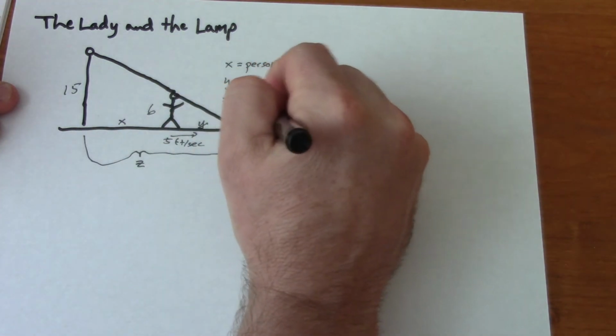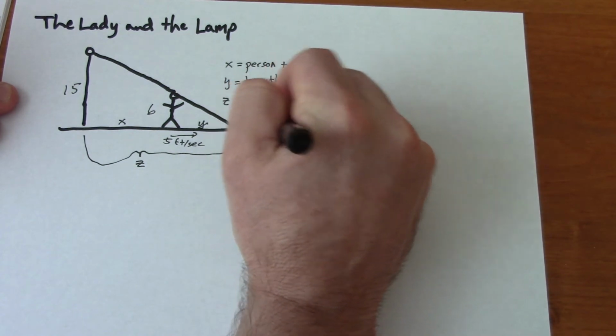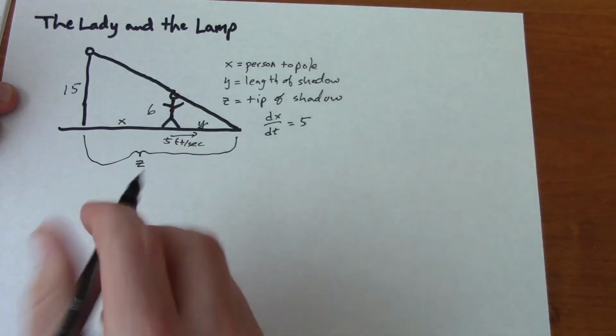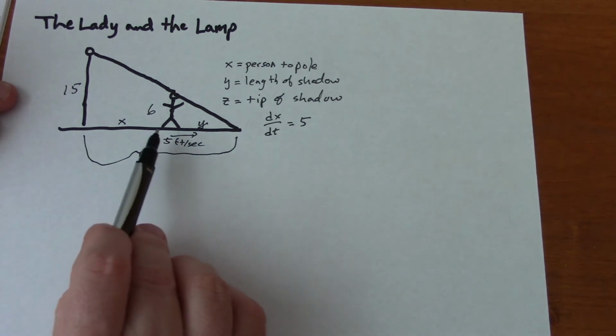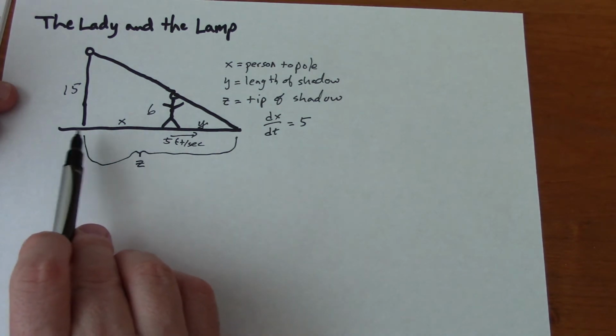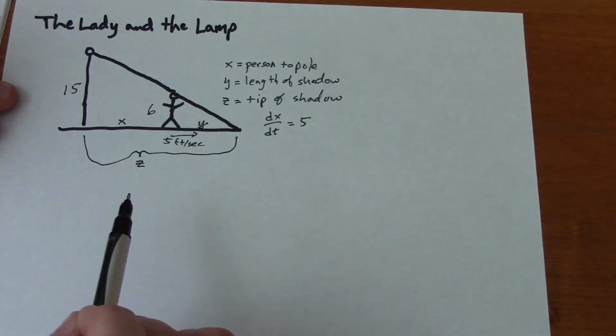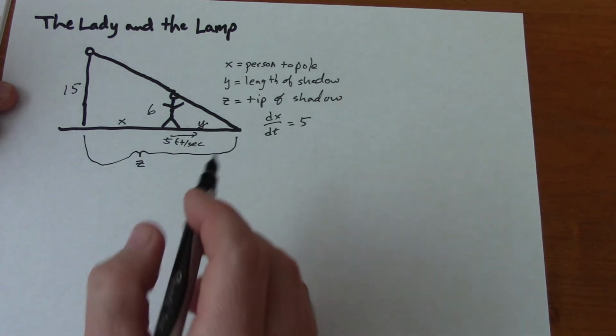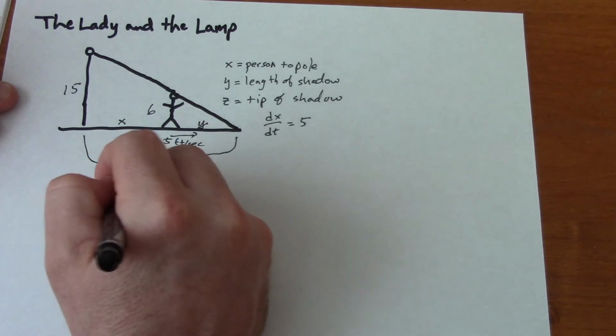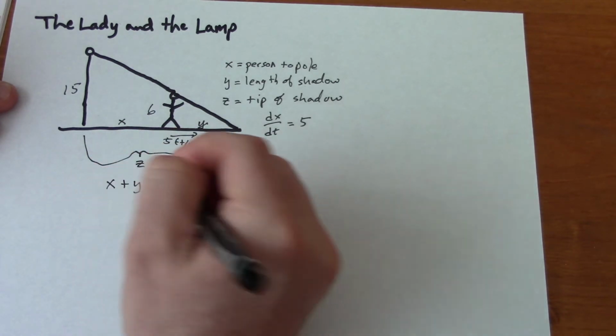So dx/dt is 5. And of course, if the person was walking towards the street pole, it should be negative, but it doesn't really matter. Once again, all the signs are going to be the same here, so we don't really care that much. Of course, we know that x plus y is equal to z.